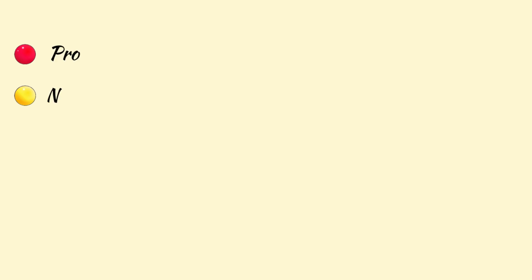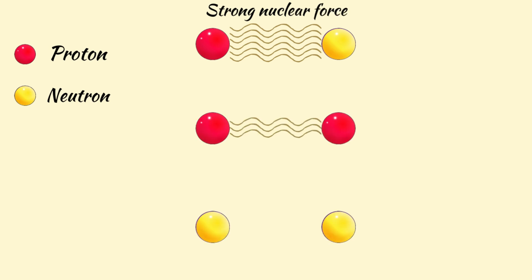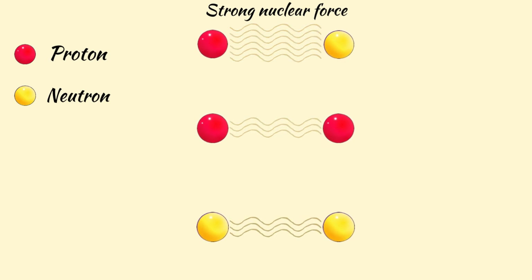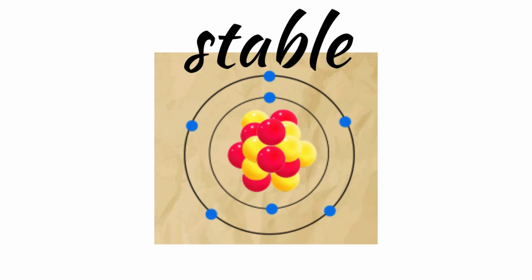This nuclear force exists not only between protons and neutrons, but also between protons and protons, and between neutrons and neutrons as well. But the force between protons and protons, and between neutrons and neutrons, is weaker than between protons and neutrons. The stronger the bond between protons and neutrons in the nucleus, the more stable they are.